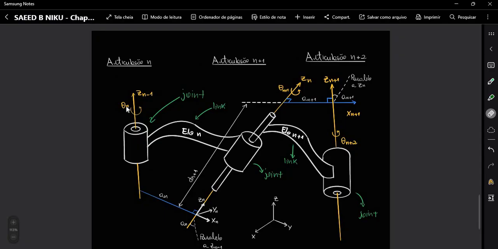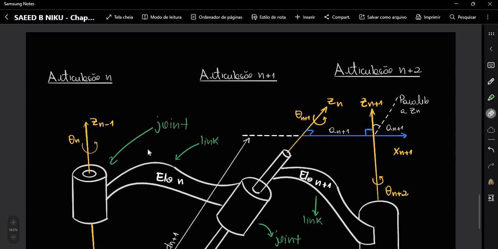And what we are doing is assigning the joint number as n. So this one is the joint n. And this one is the joint n plus 1.